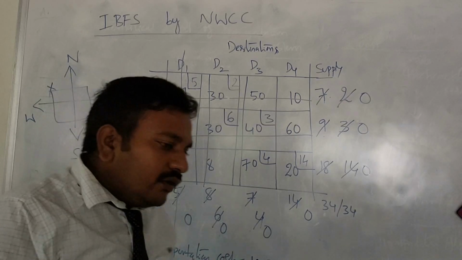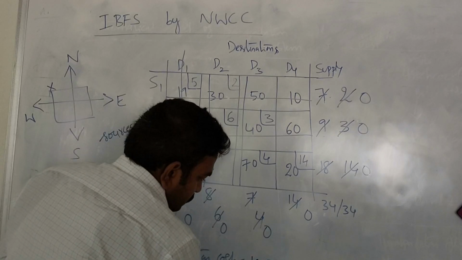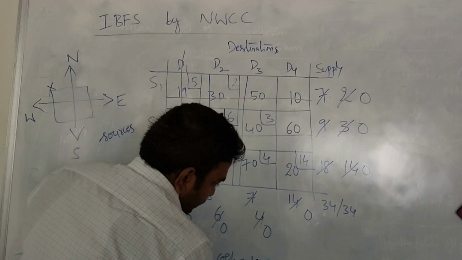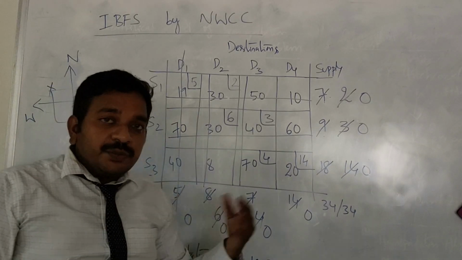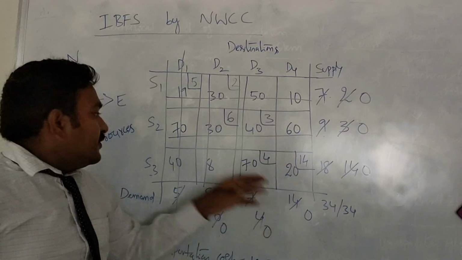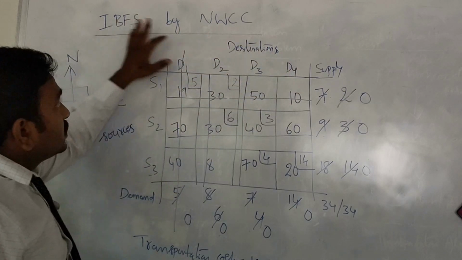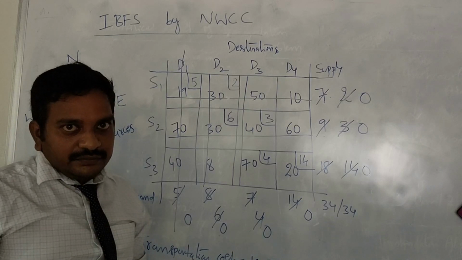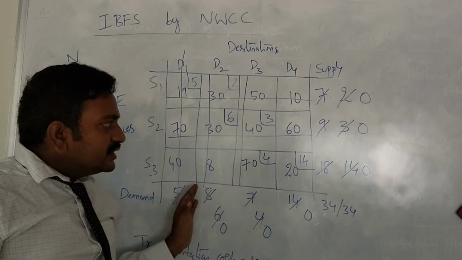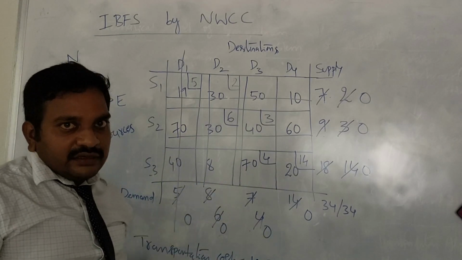By finding all of this, it would be 1050. My total transportation cost of transporting these 34 units from 3 sources to the 4 destinations by using the northwest corner cell method is 1050. This is the initial basic feasible solution by NWCC.